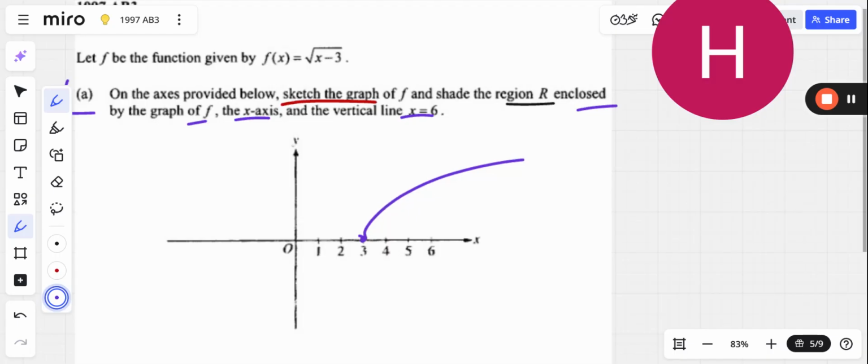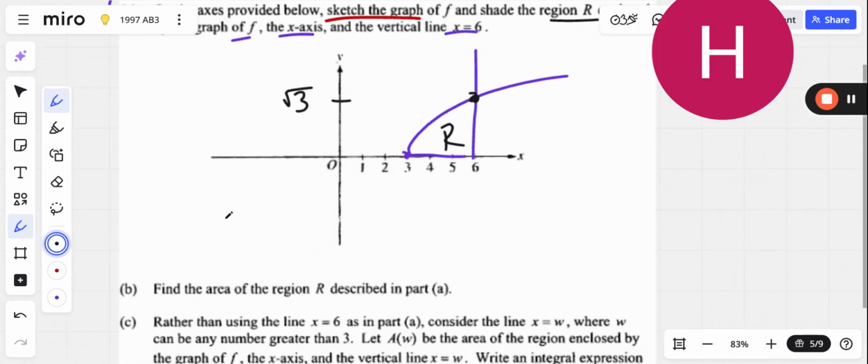And then we have the x-axis as a boundary, and then we have this x equals 6 vertical line as a boundary. So we'll just call this here R. There we go. And if we really need a value there, feel free to plug in 6, and this is going to be square root of 3.